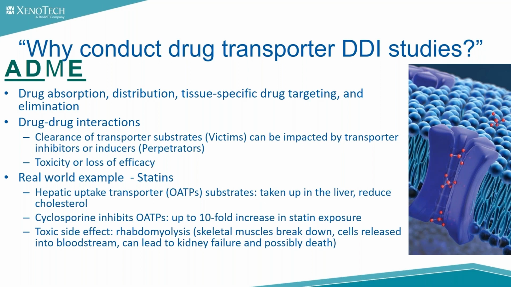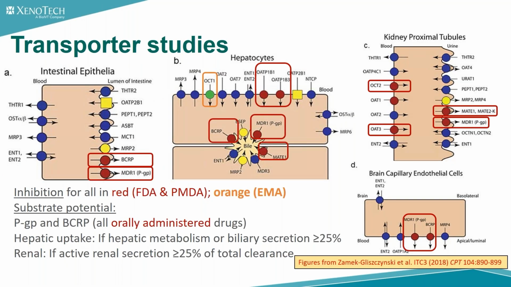So if someone happens to be taking statins and cyclosporin, they can have a really potentially large systemic increase in statin exposure. And this, of course, can potentially lead to toxic side effects. In this example, it was rhabdomyolysis, which is a breakdown of skeletal cells that can lead to kidney failure and possibly death.